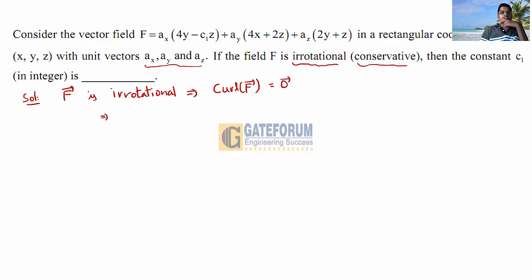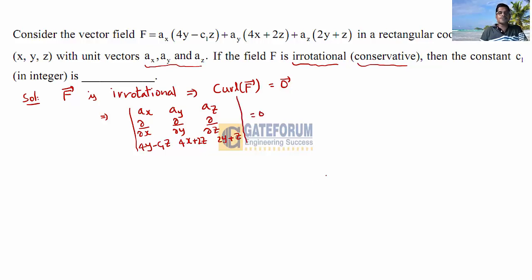So you know how to evaluate curl, which is a cross product, evaluated by a 3 by 3 determinant. The first row is the unit vectors ax, ay, az. The second row, the partial derivative operators, dou by dou x, dou by dou y, dou by dou z. Third row, the components: 4y minus c1z, next 4x plus 2z, and the z component, that is the az component, 2y plus z.